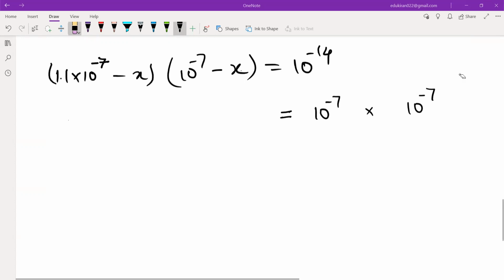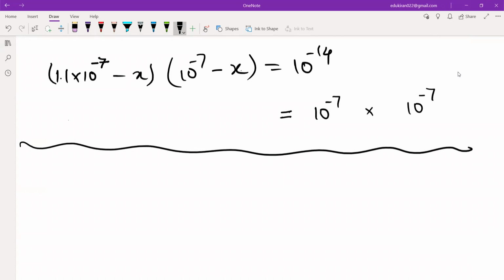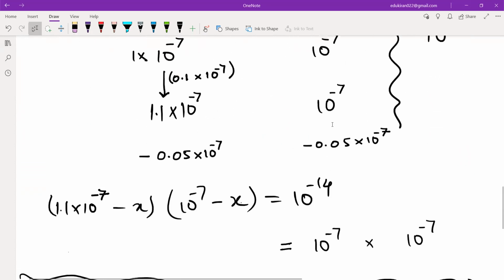Okay, we have wasted a lot of time, so let me just tell you. This is going to be the concentration that is going to change here, okay?